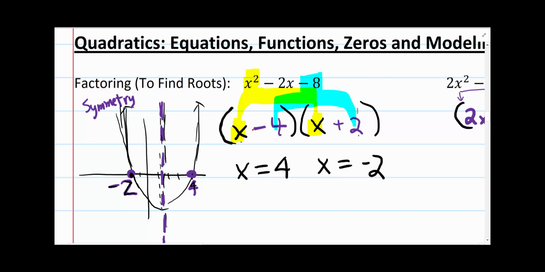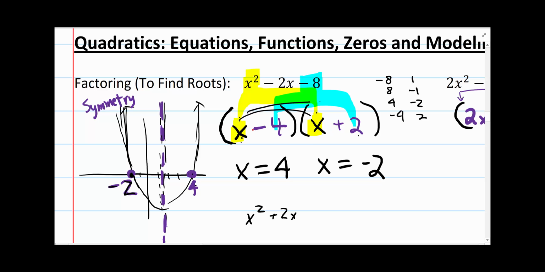You have to be careful with doing this because we could have chosen -8, +1, +8, -1, +4, -2, -4, +2. And I chose -4, +2 because when you do the double distributive, x times x is x squared, x times 2 is +2x.